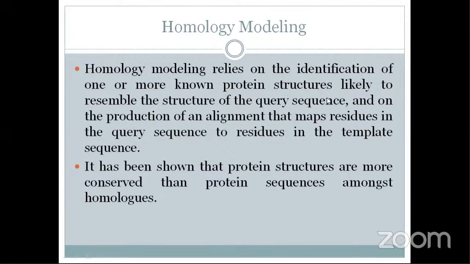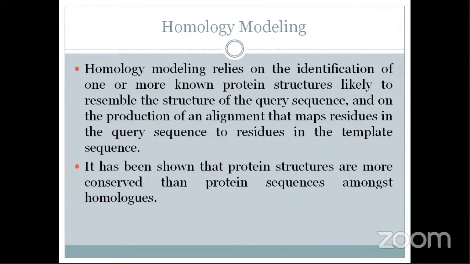So again, I am coming to this homology modeling, and I will be showing you some of the softwares. Homology modeling relies on the identification of one or more protein structures likely to resemble the structure of the query, and on the production of an alignment that maps residues in the query sequence to residues in the template sequence.